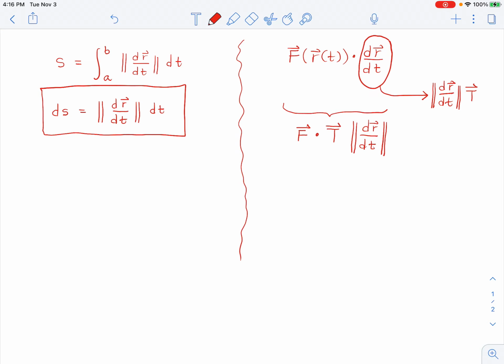Okay, so let me erase this part here. Now that you see the notation, I will bring back the integral in this case.